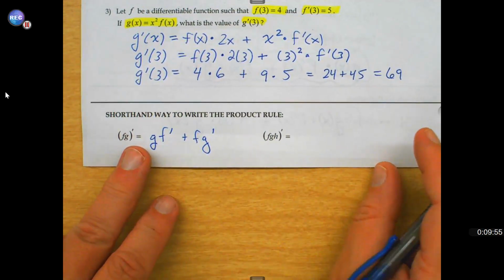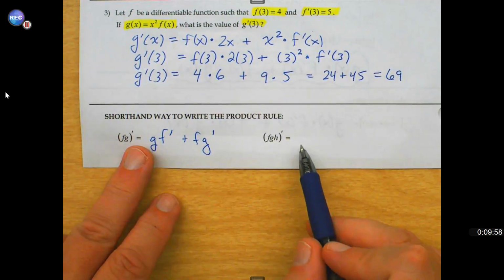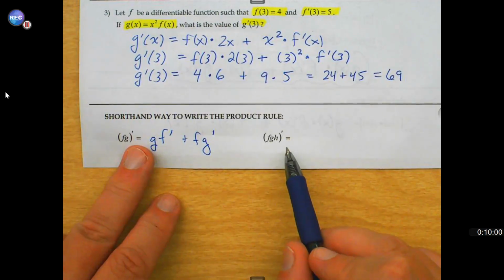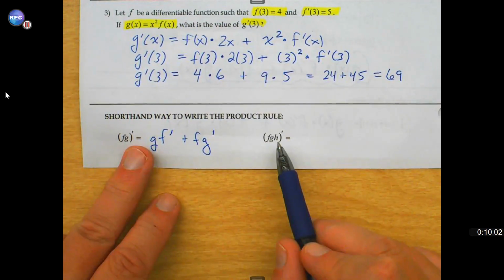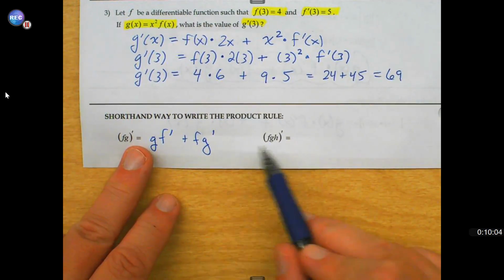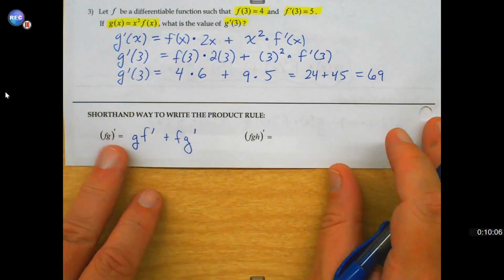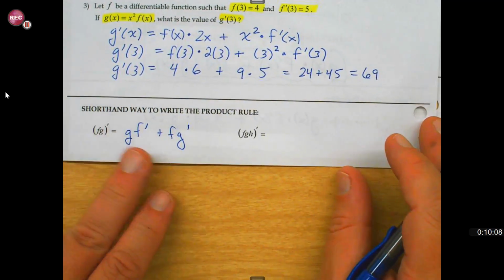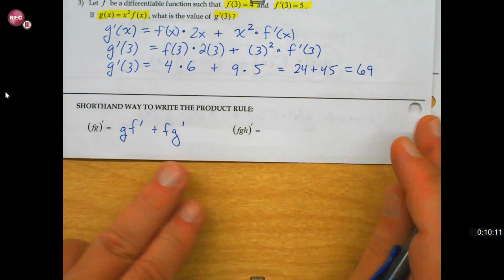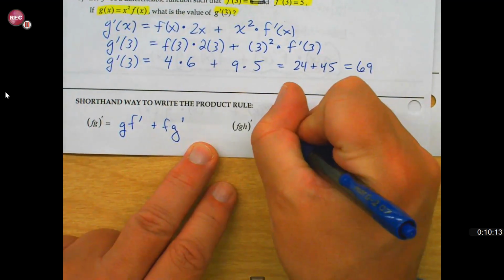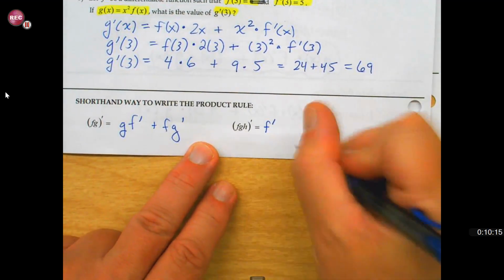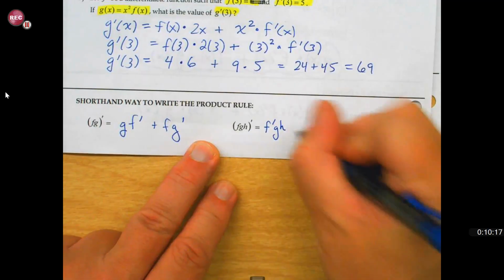Now, I don't know if this will happen on the AP test. I know there's some in our textbook, but you could always apply the product rule to the product of more than two functions. So let's say you have three functions being multiplied together. We could kind of write it like this, where you have to do the derivative of one of them while leaving the other two the way they are.